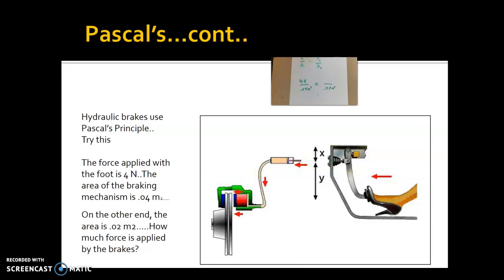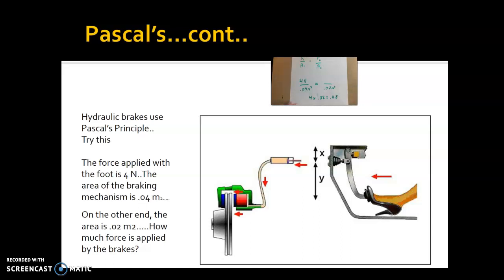So we get 4 times 0.02. We get 0.08. 4 times 0.02 equals 0.08.